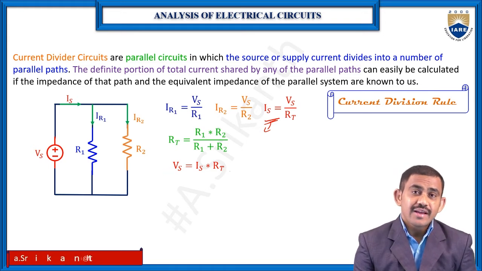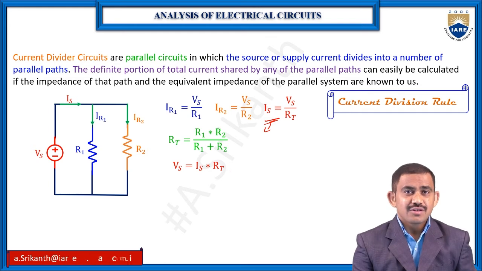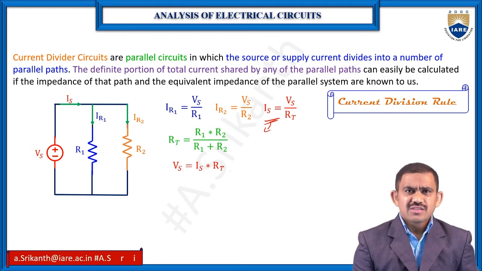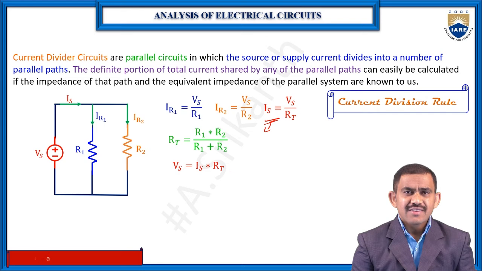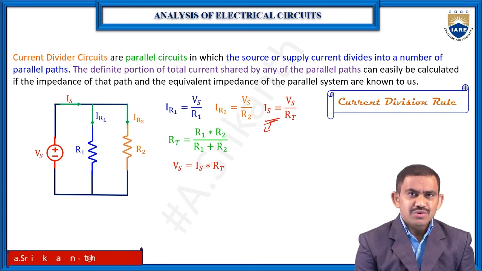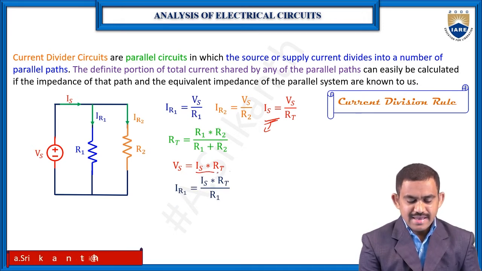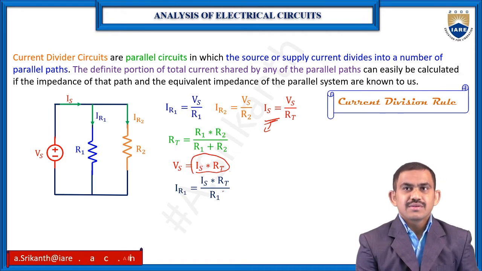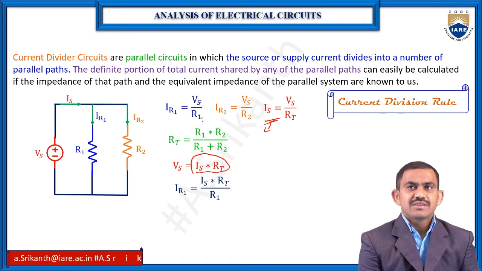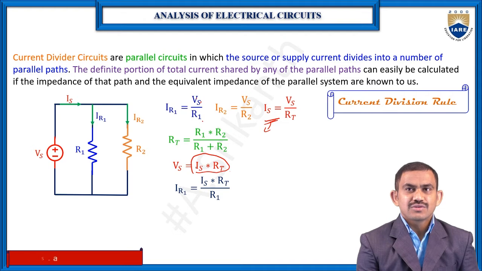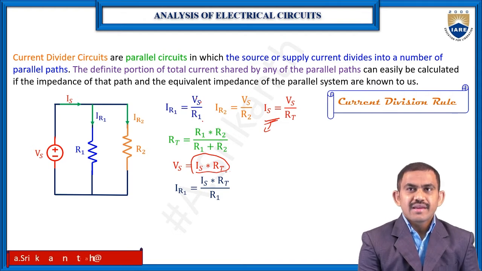Then what is your IR1 value now? Your IR1 value equals Vs by R1. Then substitute the Vs value in your IR1. Vs is nothing but Is into R total, by your R1. So Vs is nothing but the source current into R total, divided by your R1 value.